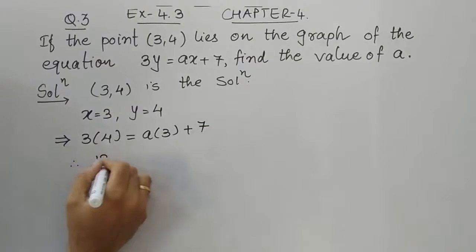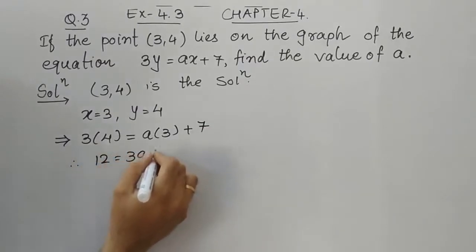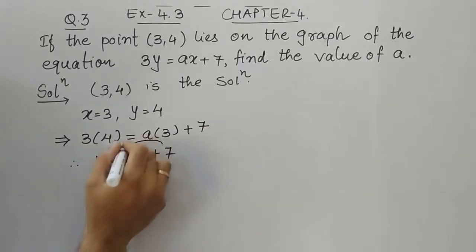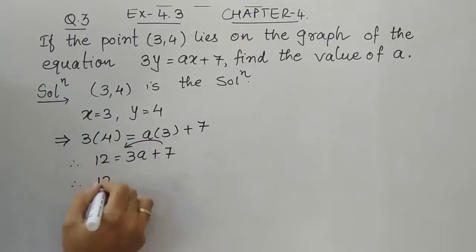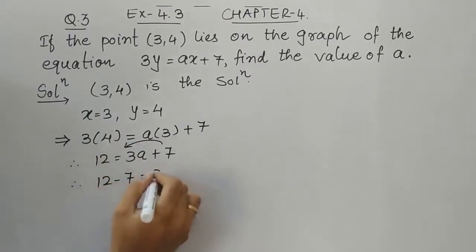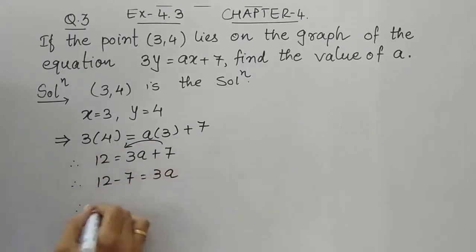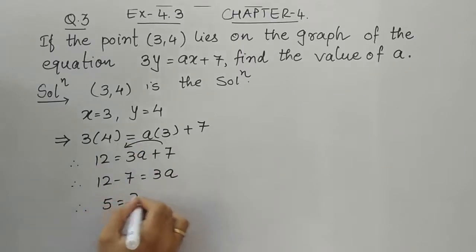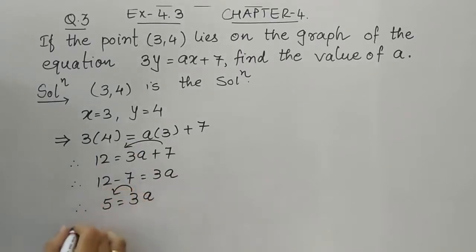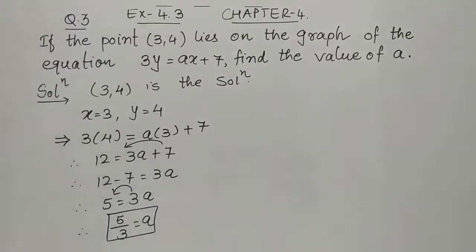So 4 threes are 12 is equal to 3a plus 7. I will take this 7 to the left hand side. So 12 minus 7 is equal to 3a, that is 5. To find a, I will take this 3 to the left hand side. So 5 by 3, that is the value of a.